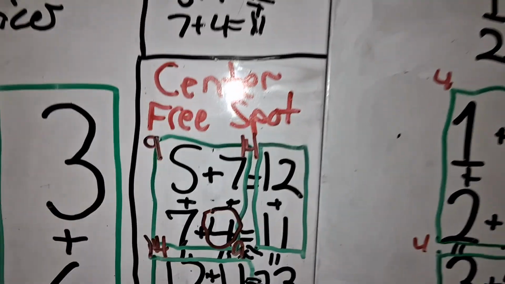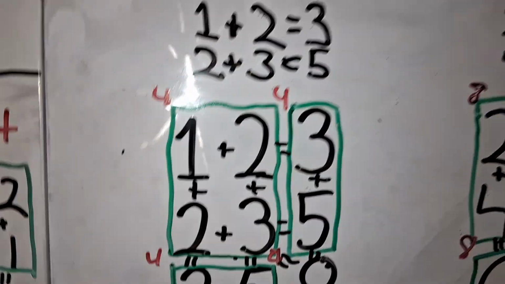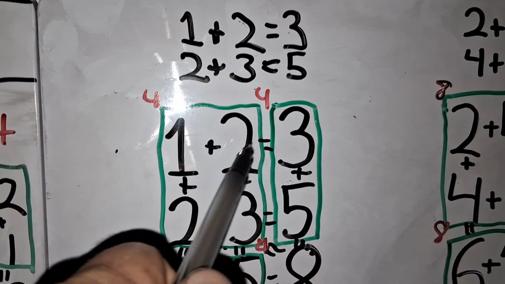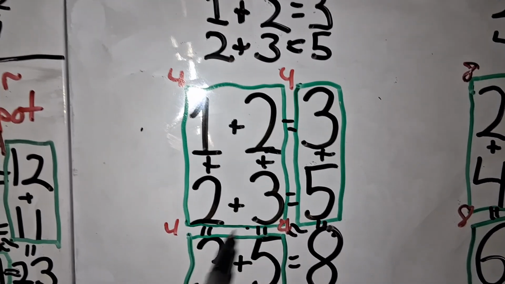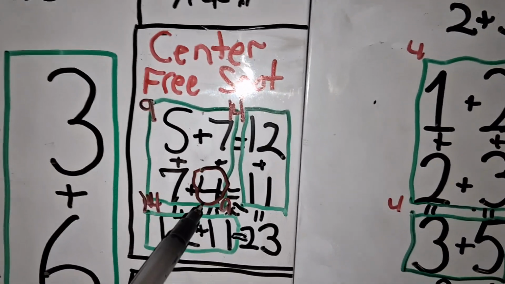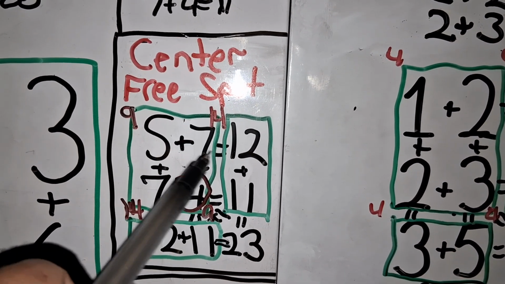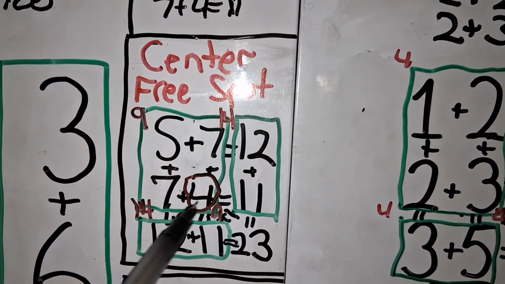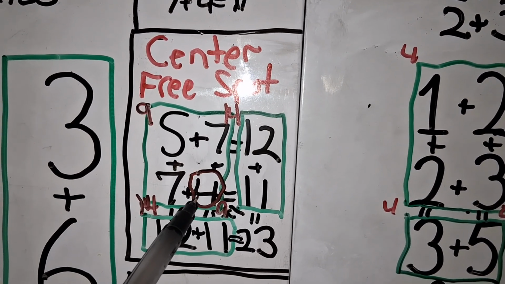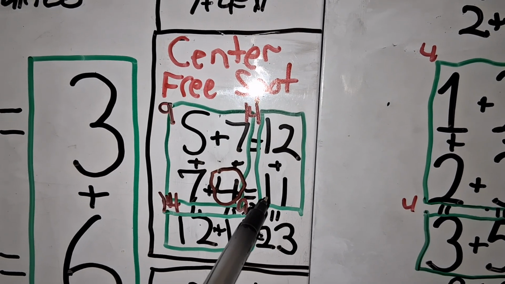And I also found out that you don't need to exactly follow these rules where you bring the last 2 down. Right here, the center spot is a free spot. 5 plus 7 plus 2. 5 plus 7 is 12. Instead of putting a 12 right here, I just decided to put a 4 randomly. 7 plus 4 is 11.